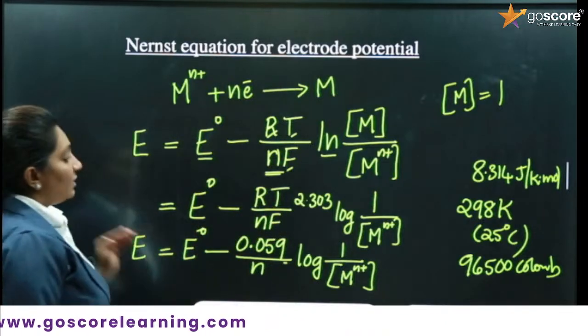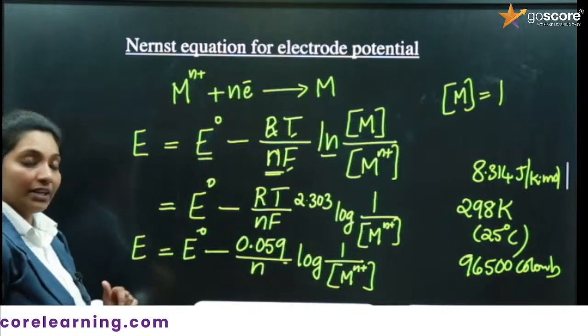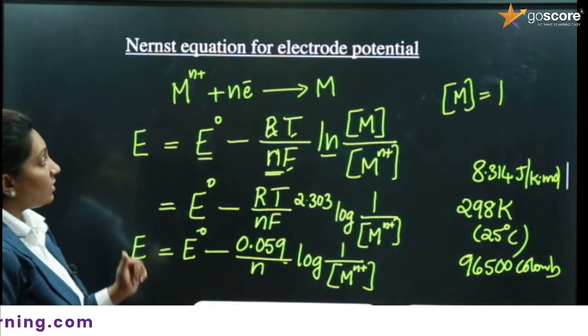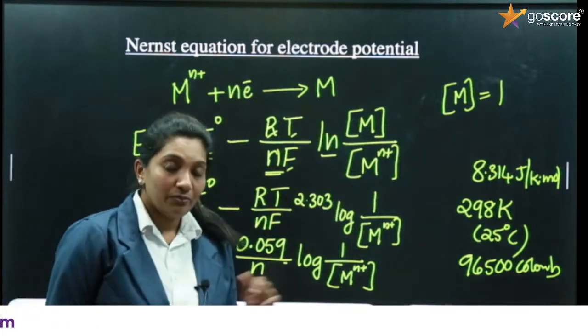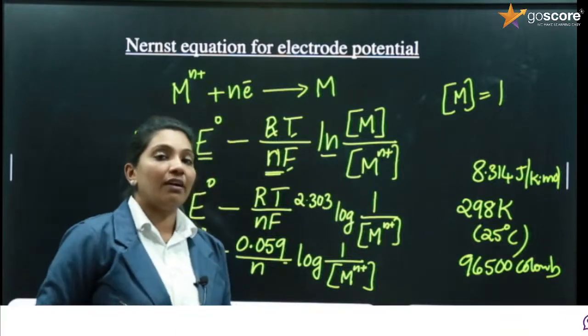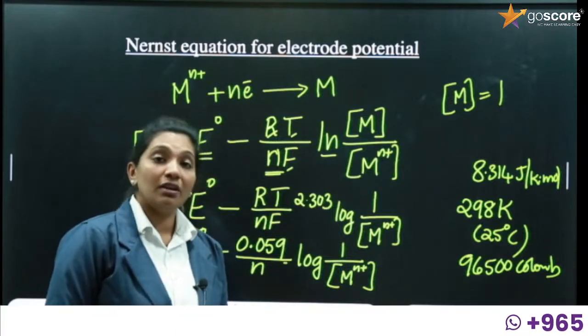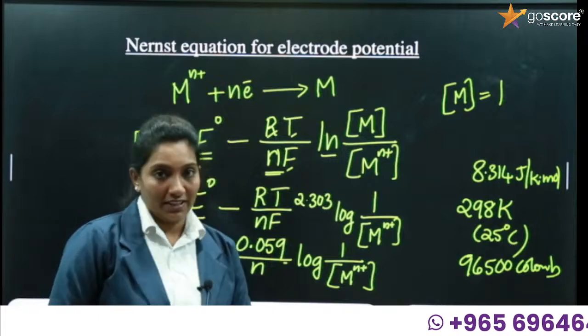Okay. So, this is the equation for finding the electrode potential of the metal kept at a concentration other than 1 molar at 298 Kelvin.